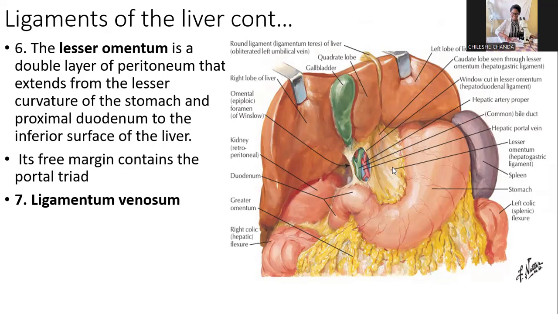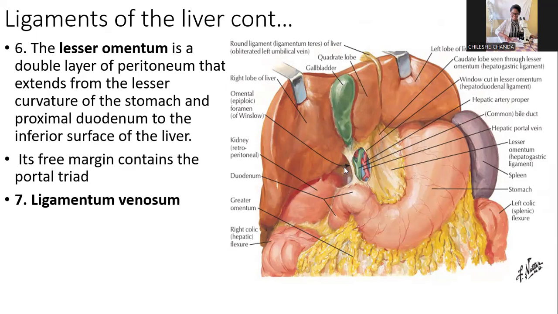The other thing I need to make mention of is that there is a space behind the lesser omentum. Now there's the small foramen which leads into that space.